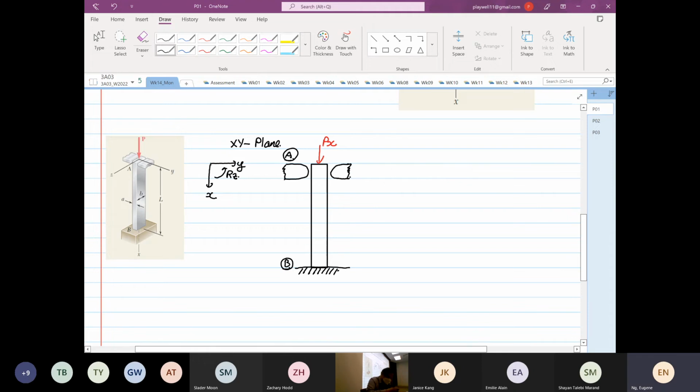At the end over there, on the top, it is pinned. We allow motion up and down. In terms of displacement, y will not be equal to 0, so it can move up and down at point A. But x is equal to 0.